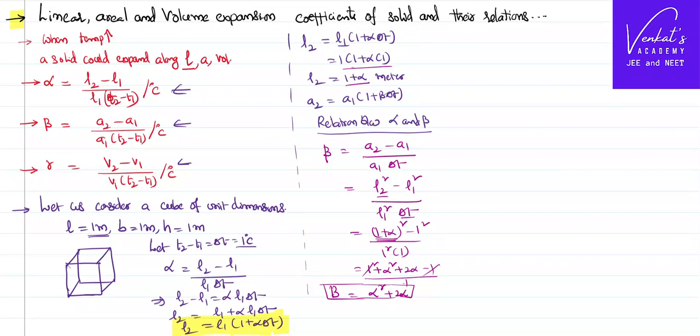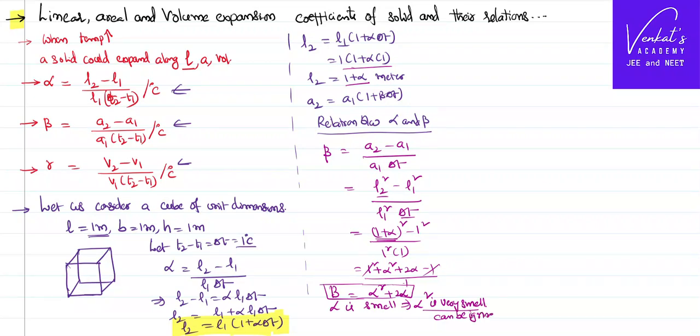But I want to tell you one thing. This alpha is small. For example, for iron it is 11 into 10 power minus 6. That implies alpha square becomes 121 into 10 power minus 12, which is very small for the mathematical calculations that we make at the plus 1 and plus 2 stage. So alpha square is very small and can be ignored.